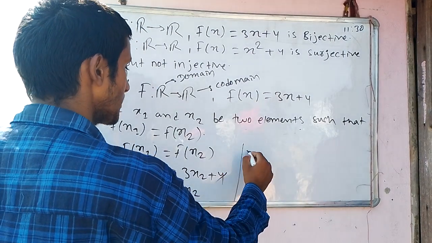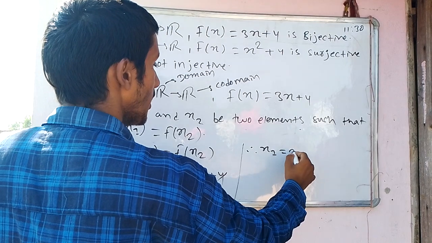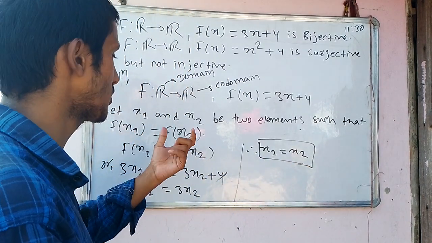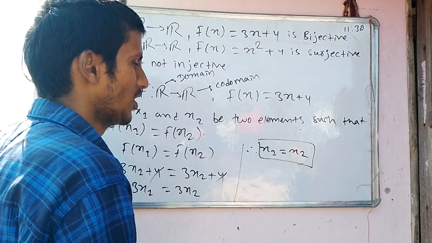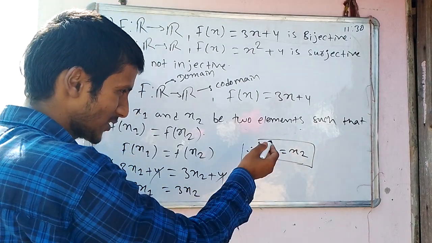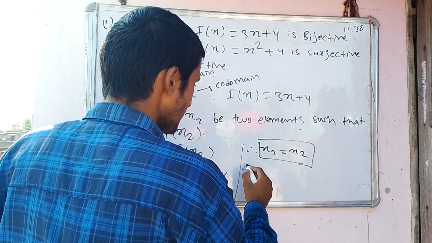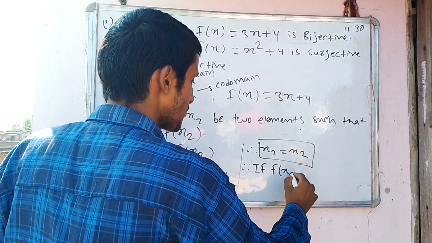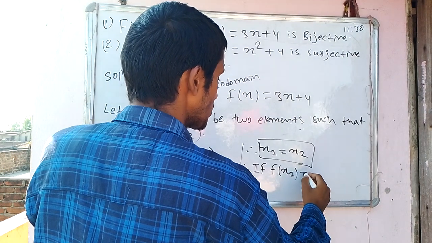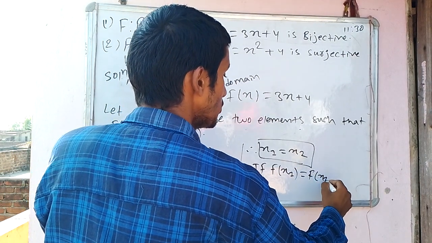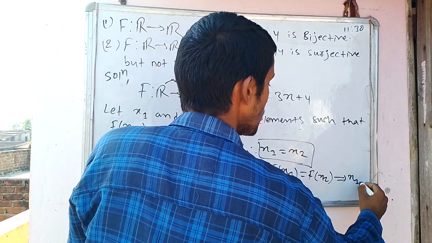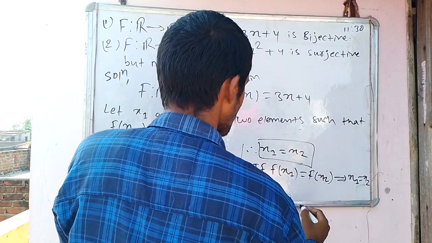And this will give you what? That x1 is equal to x2. What does that mean? It means if f of x1 is equal to f of x2, then you have x1 equal to x2.